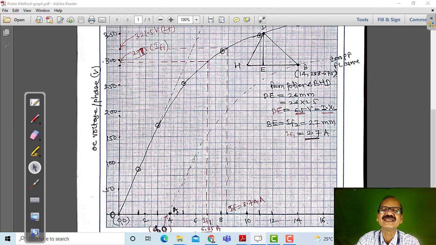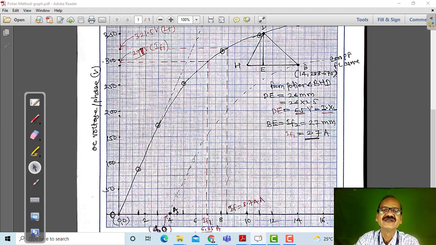Now point B is the excitation, that is, the field current required to generate the open circuit voltage equal to 500 in this case, and the 500 can be converted into the phase value, and therefore 14, 288.675. So in this way we have obtained the 2 points.